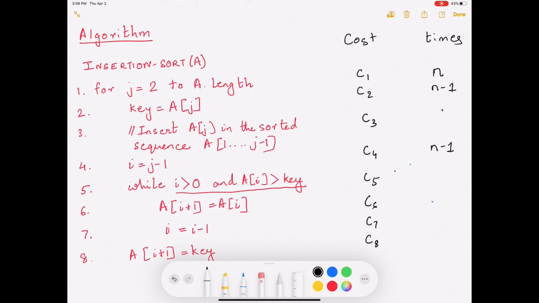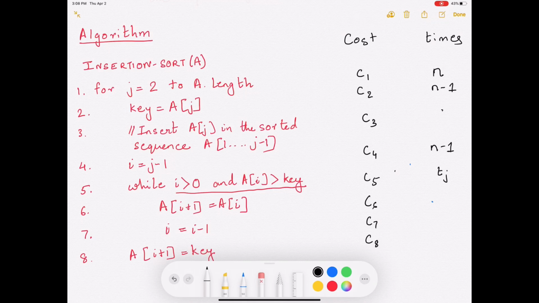Line 5, this is a little tricky. So what I'm going to do is let tj be the amount of times line 5 executes for a particular value of j. So what is tj? Tj is the number of times the while loop executes for a particular value of j.